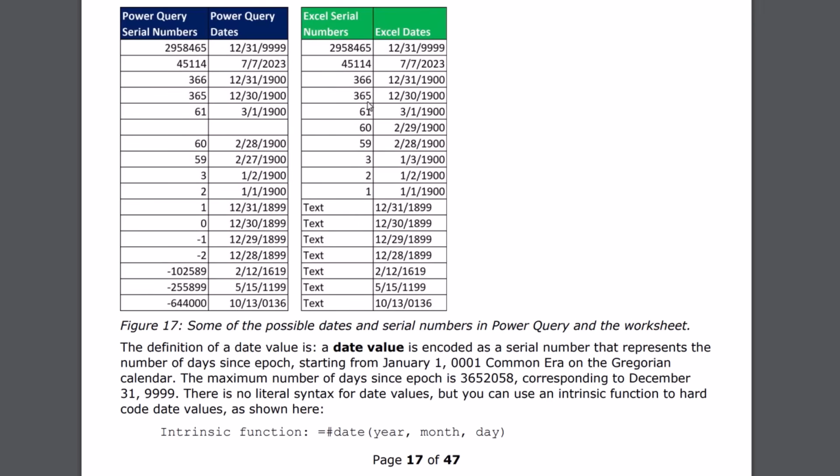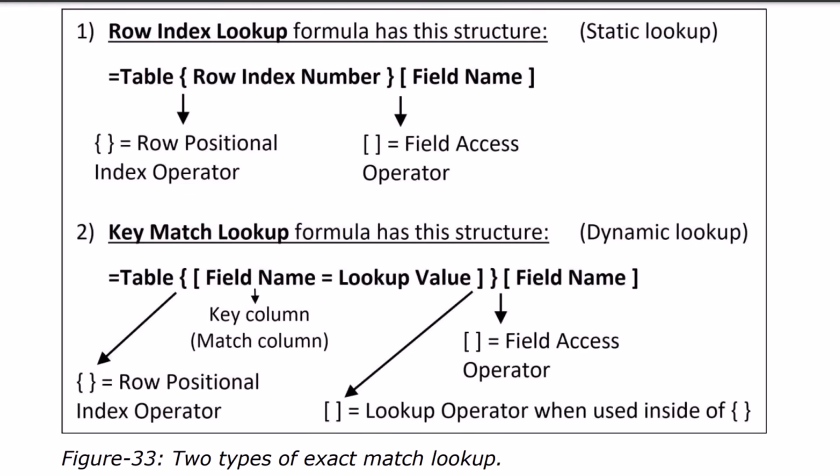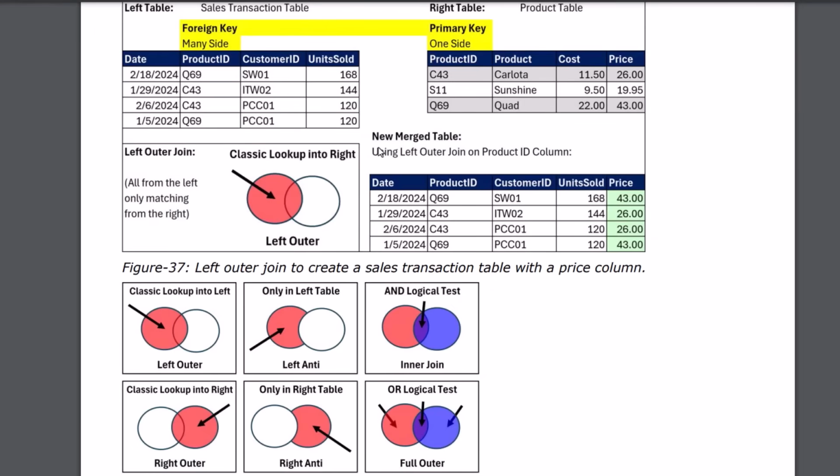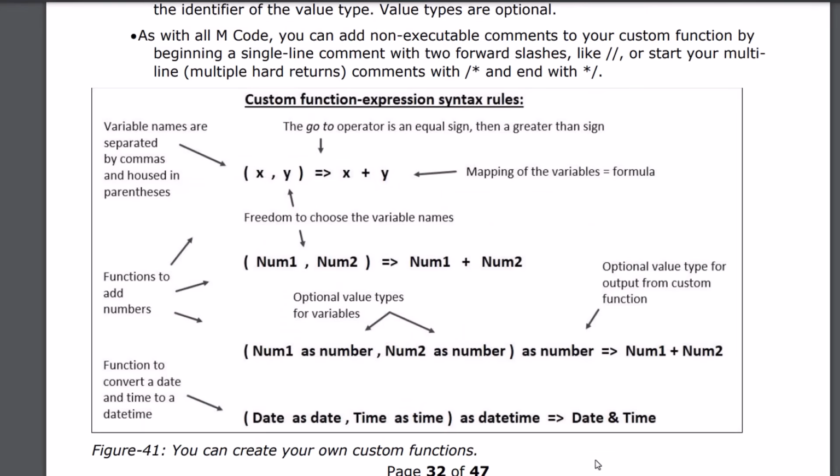Not only did it fix it, but if you import the incorrect dates, it corrects them for you. We studied M code lookup, row index lookup, and key match lookup. And it ends up that lookup is done everywhere in M code. We even studied the merge feature and joins. And we studied custom functions. And we saw examples of custom functions all over the place.